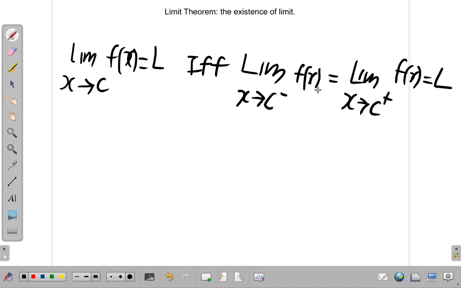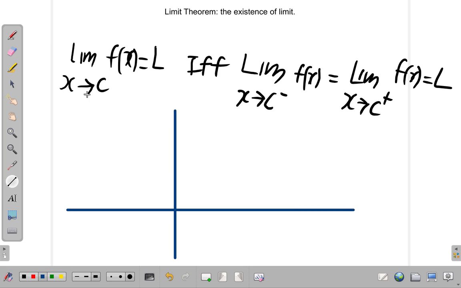Now, we say this is a two-sided limit because we're looking at a left hand side and a right hand side. Let's use this sketch of a graph to see what that is all about. You have this graph.